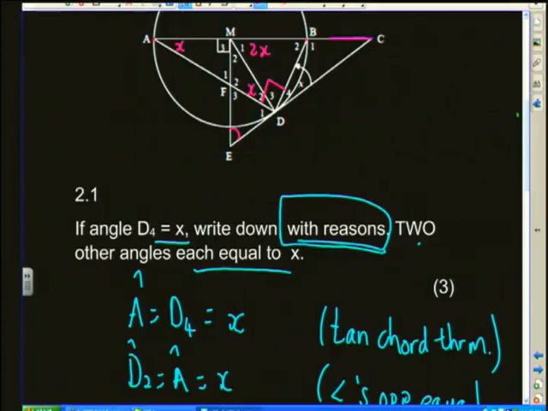I also know that angle D3 plus D4, that one down there, is 90 degrees because, and this one's a little bit trickier to see, the radius MD is perpendicular to tangent EDC at the point of contact. So therefore D3 plus D4 interests me quite a bit because that's 90 degrees. That helps me to then get into triangle MED to show that D1 plus D2 is 90 degrees, and the reason for that, also tangent perpendicular to radius.